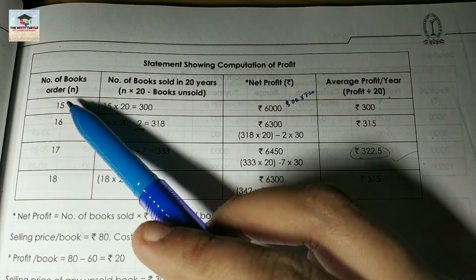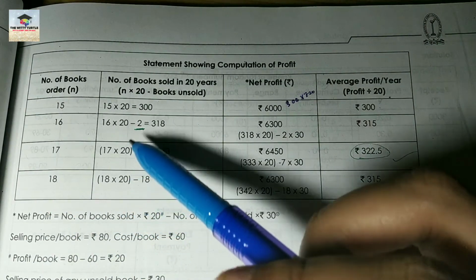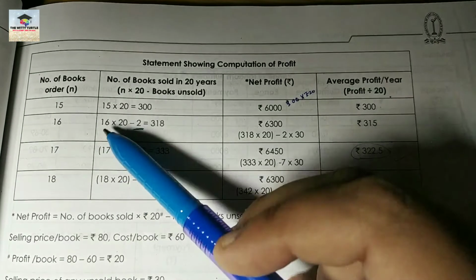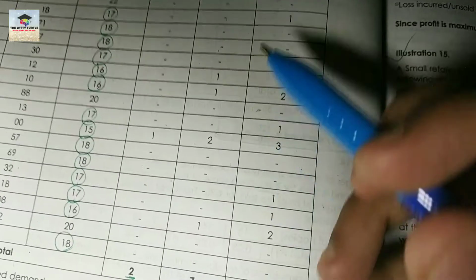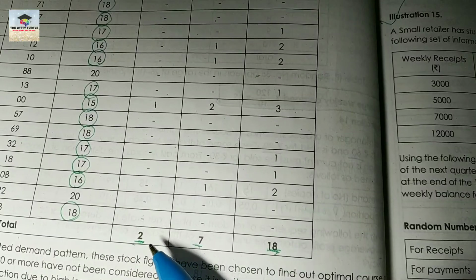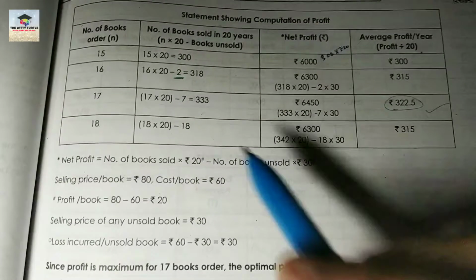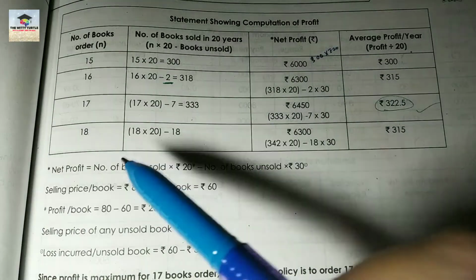Now, when the number of books ordered is 16, what will be your profit? First, calculate the number of books sold in 20 years. That will be 16 into 20 minus 2. Why are we deducting 2 here? See, the number of books unsold here is 2. So that's why it will be minus 2. And likewise, you can calculate this.